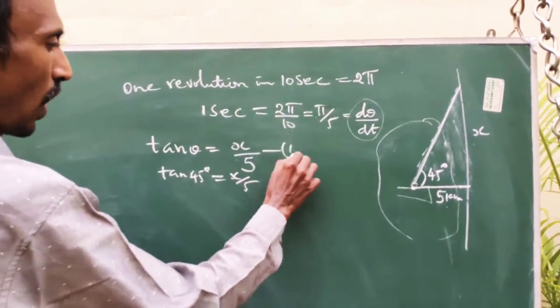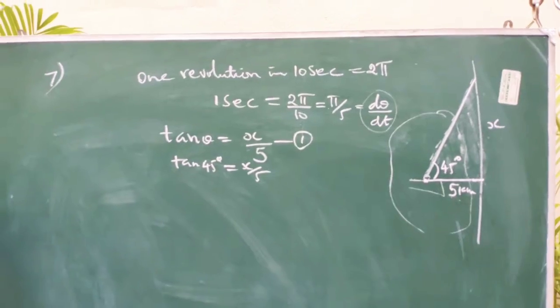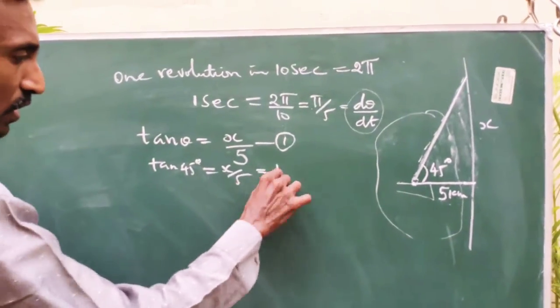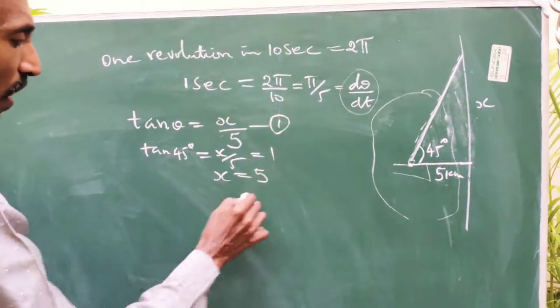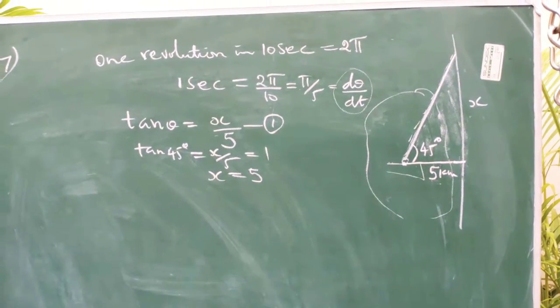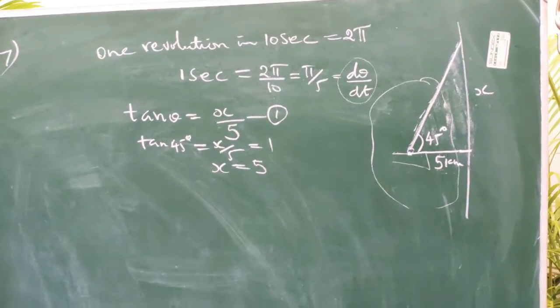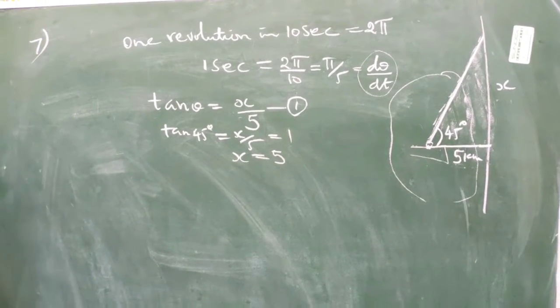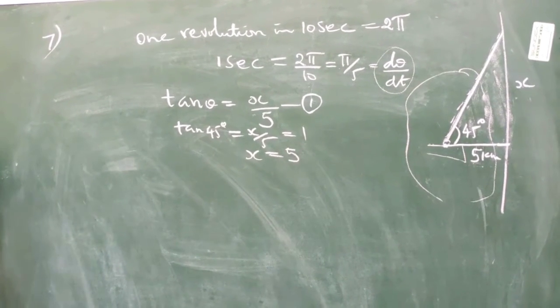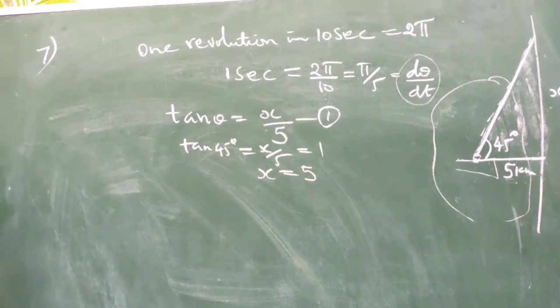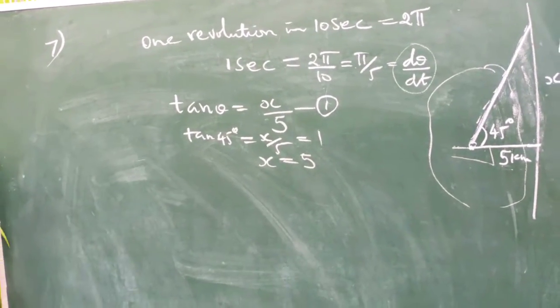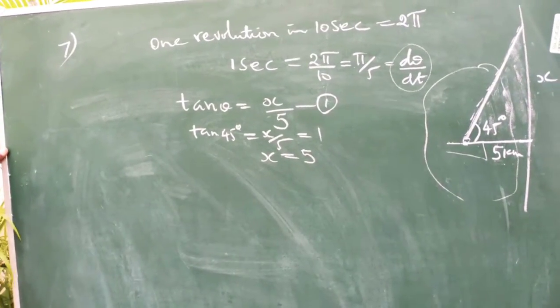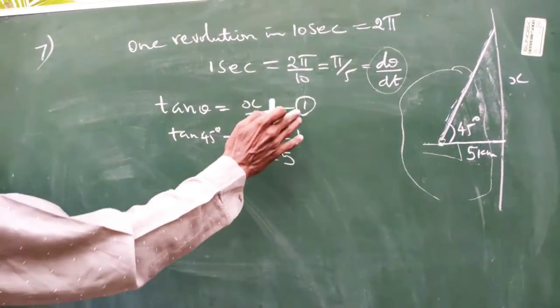We already know that tan 45 is 1, so x equals 5. Keep this value. What is asked in the problem? How fast is the beacon moving along the shoreline when it makes an angle 45? They are asking dx by dt.